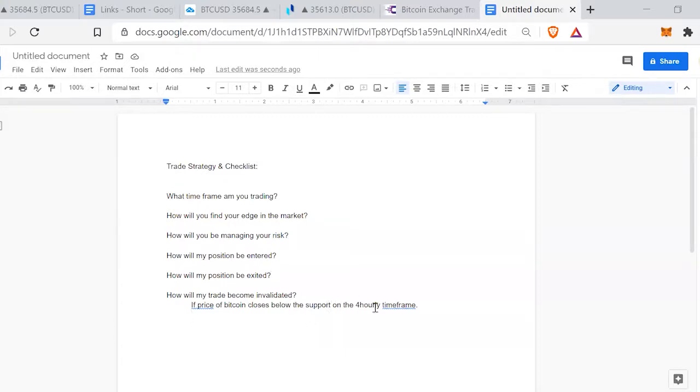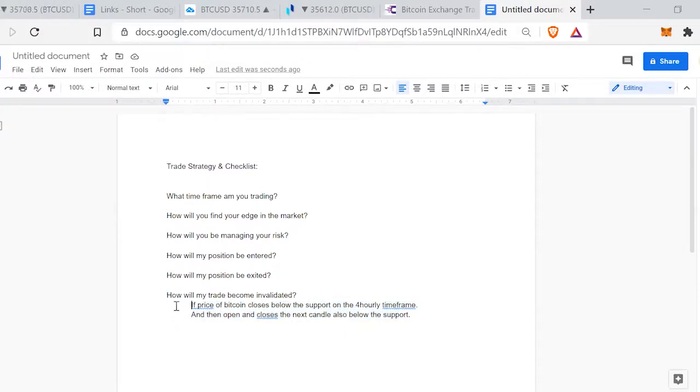So if the price closes below support on the 4-hour time frame, and then the next candle opens and closes also below the support, then okay, if all of these are met, you get stopped out. This is what we're looking for.